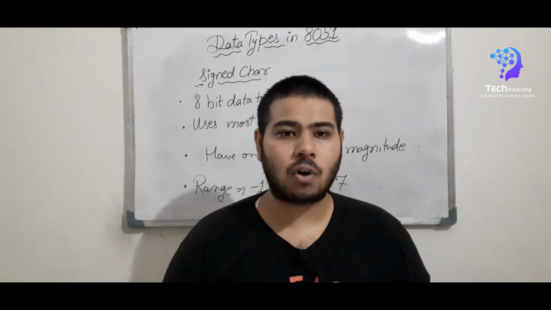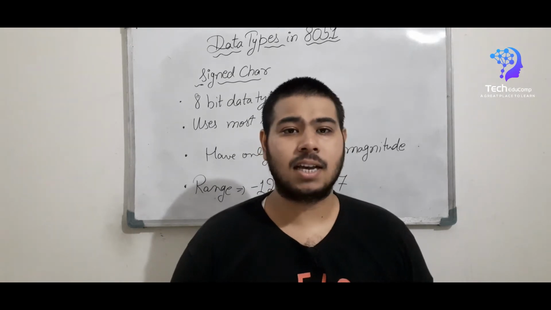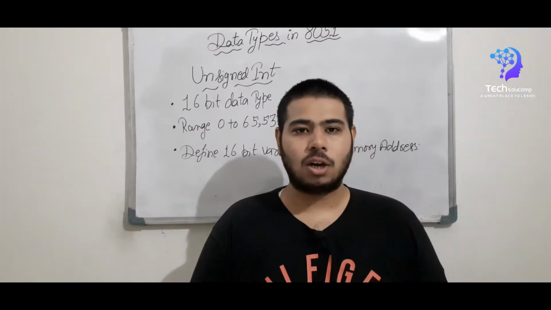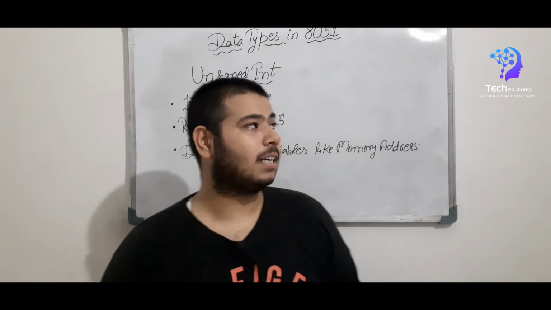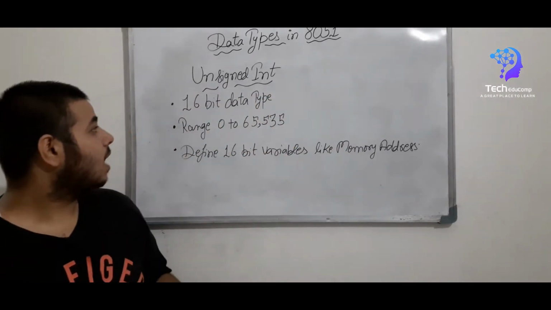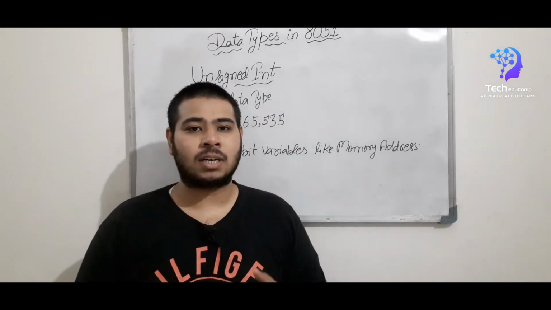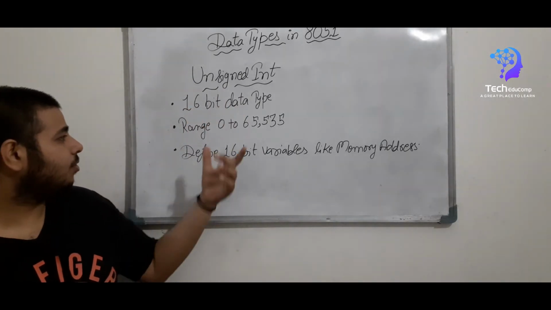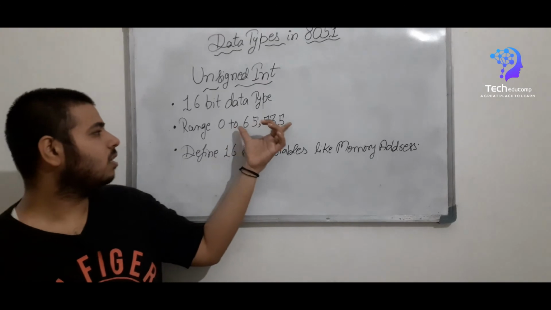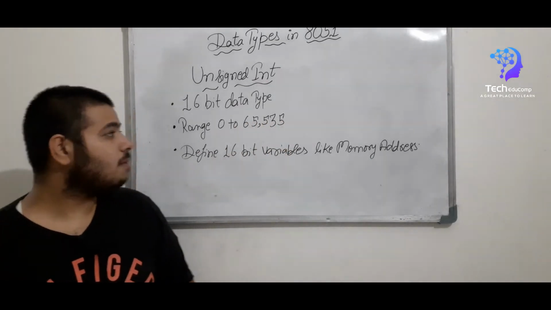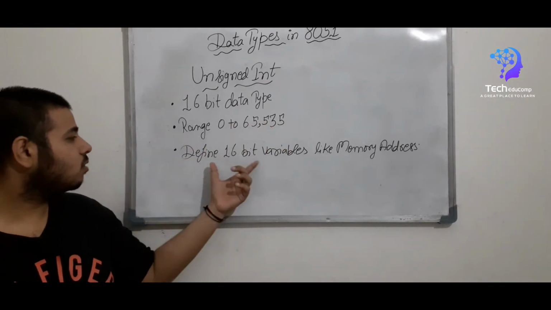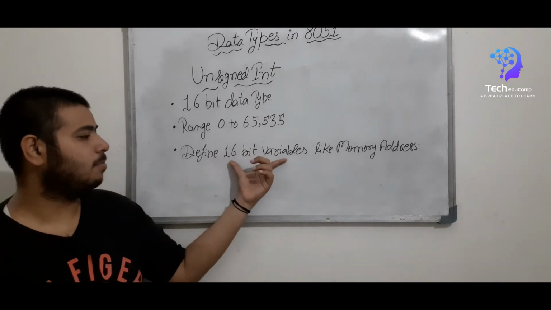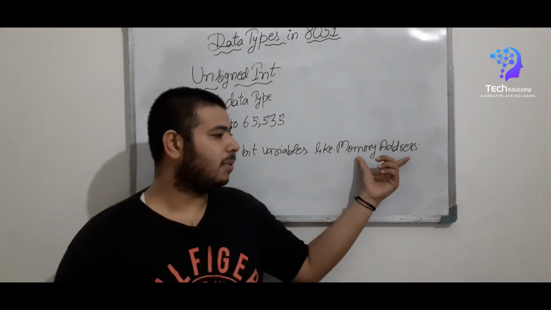Now let's move on to our next data type, that is unsigned integer. Like our first data type, unsigned character, this is unsigned, but it is 16-bit, and it has a range from 0 to 65,535. Because of this range, we can use this data type to define 16-bit variables like memory addresses.